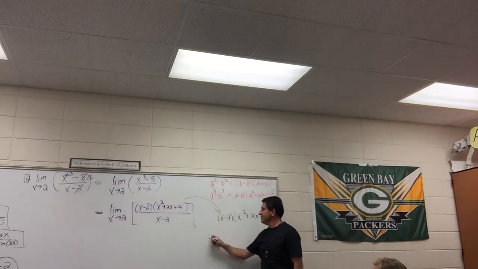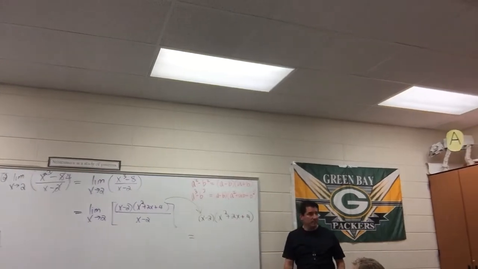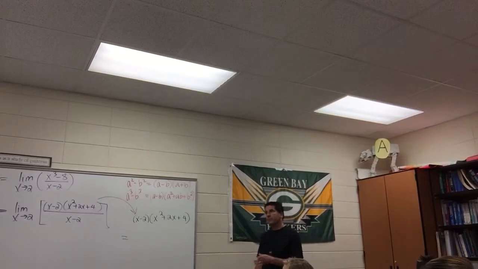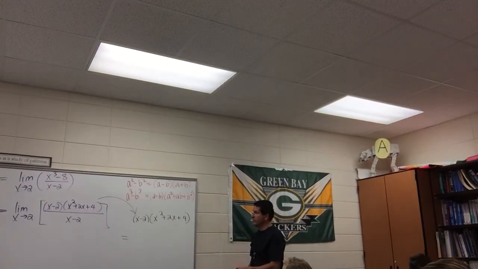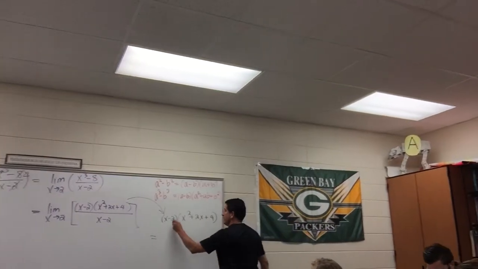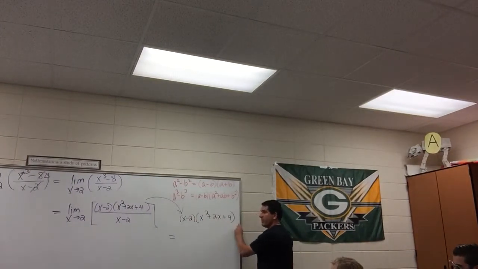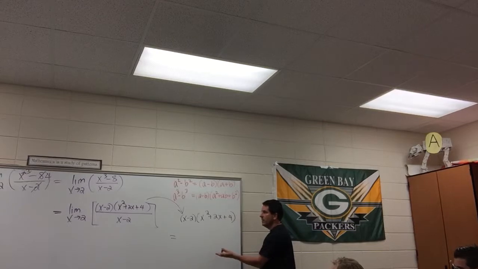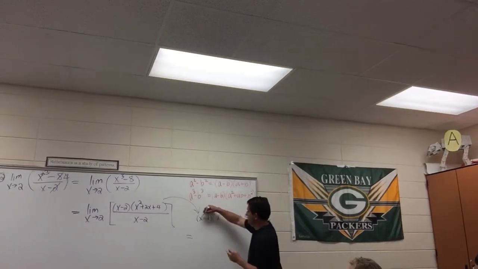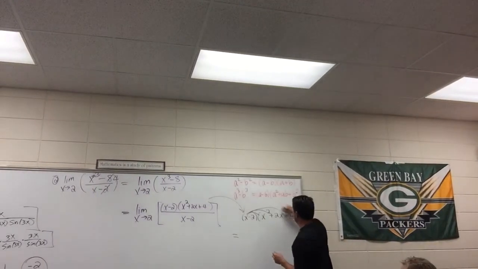This is the reason why I hate FOIL. It's really multiple distribution. FOIL is multiplying each term by each term, but it's only good for 2 by 2, and 2 by 2s are just one small part of where we live.